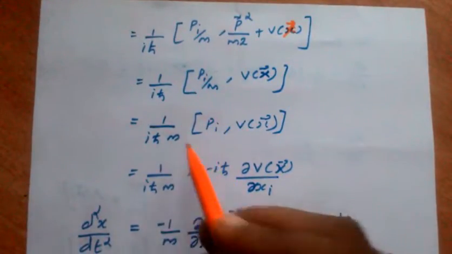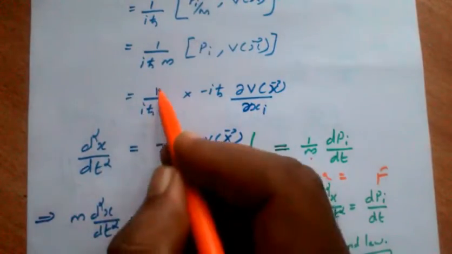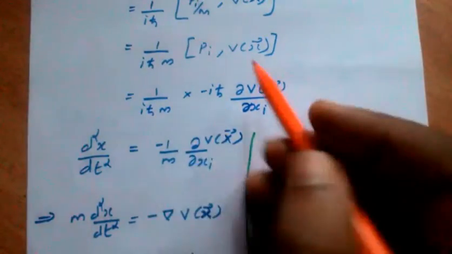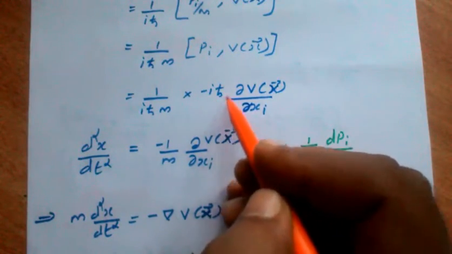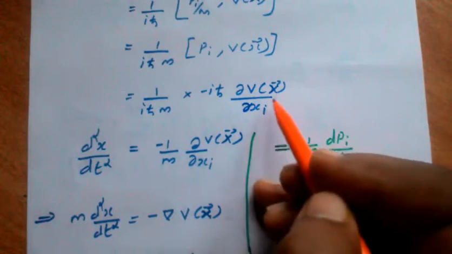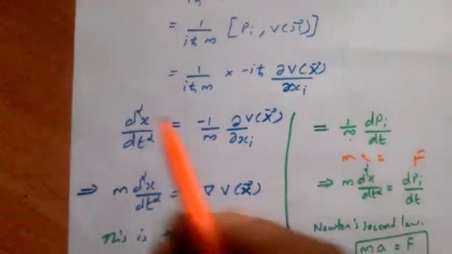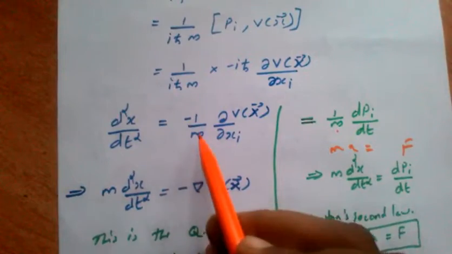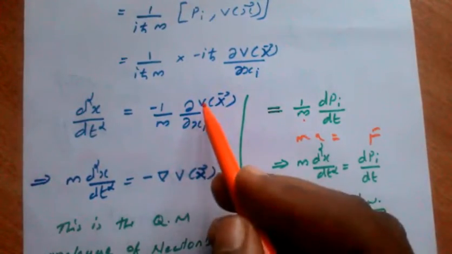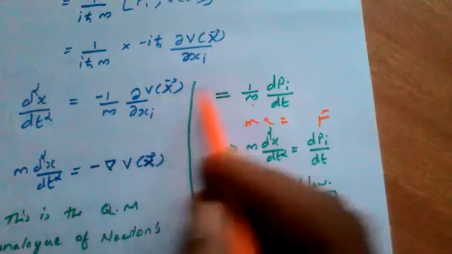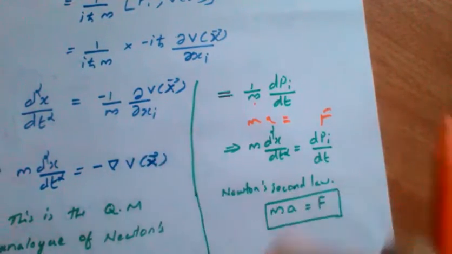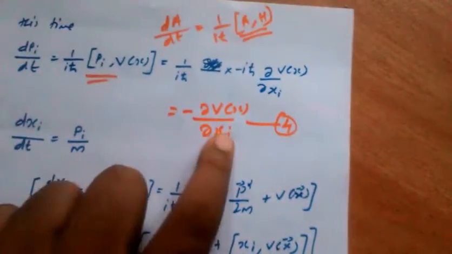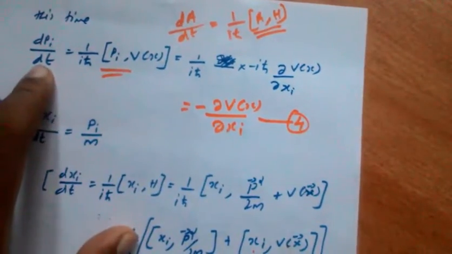So this leads to the equation 1 over iħ m into [pi, V(x)]. Again using equation 2, that is minus iħ ∂/∂xi of V(x), we get d²x over dt² equals minus 1 over m ∂/∂xi of V(x), and that is equal to minus ∂V/∂xi, which is minus dpi over dt.